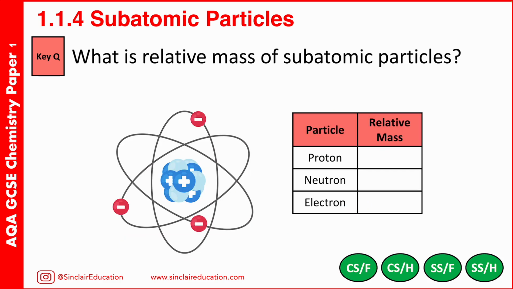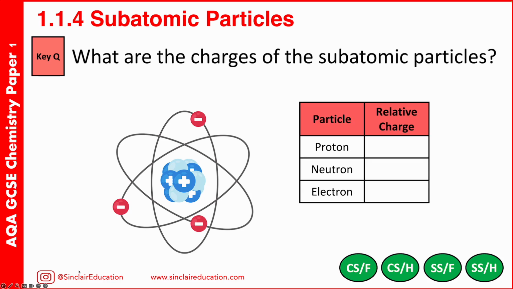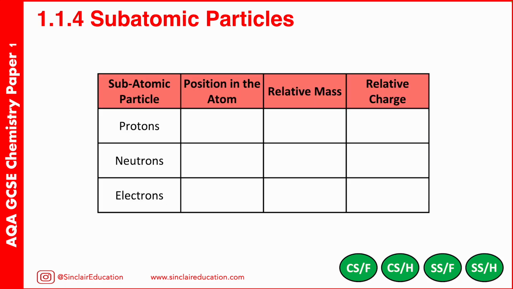The masses of these particles, protons and neutrons, weigh the same as each other, so they're given a relative mass of 1, while electrons are approximately 1 over 1840 smaller than a proton or neutron. The charges though, protons have a positive charge while neutrons are neutral. Electrons have a negative charge.